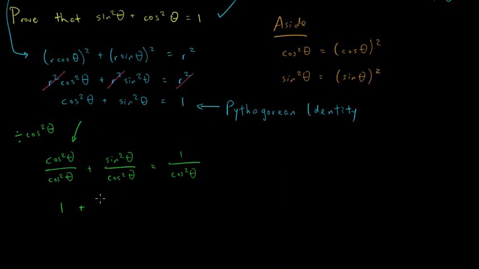I'm going to rewrite this. If we acknowledge that sine squared theta is really sine theta squared, and cos squared theta is really cos theta squared, then we can rewrite this as sine theta over cos theta all squared, and this can just be 1 over cosine theta squared. If we square the numerator and the denominator here, then we get the previous step.